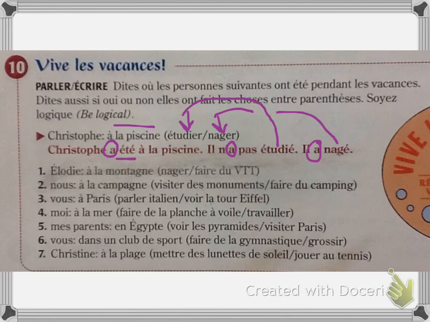So in each of these, one will be affirmative and one will be negative, not necessarily always the first one or the second one. So we have Christophe a été à la piscine. Il n'a pas étudié. Il a nagé. So again, what I'd like you to do is, and you probably will have to pause it and give yourself a little bit more time, for each of these to say the 3 sentences and then listen for confirmation. So numéro 1, we have Elodie à la montagne, nager, and faire du VTT.